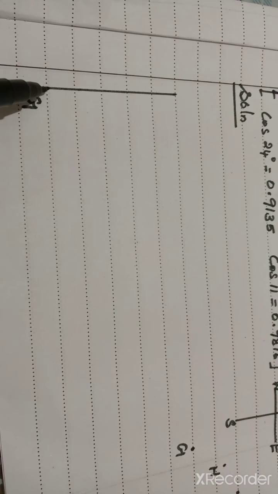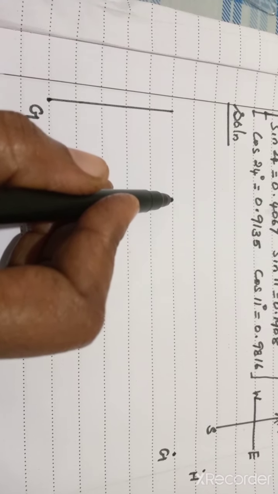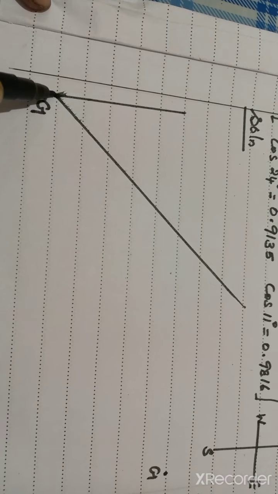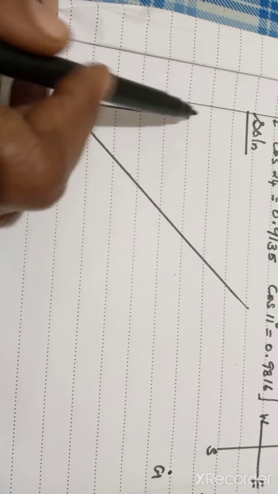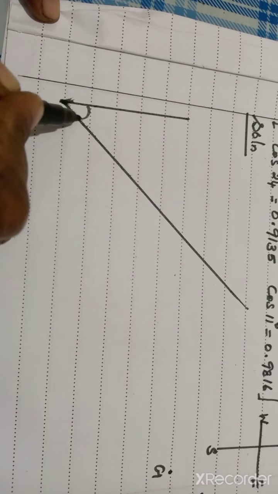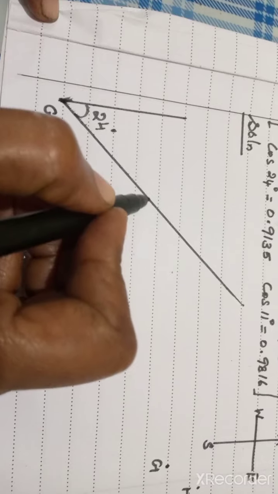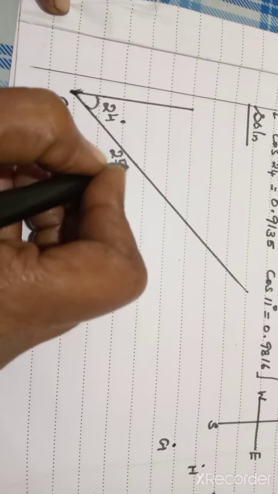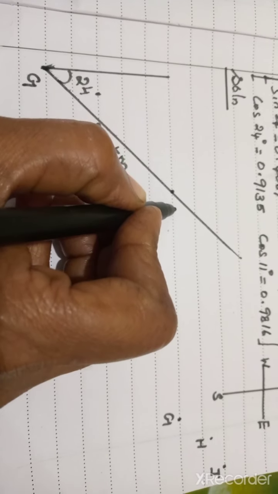It is turning 24 degrees and it reaches the point H. Starting from G, it should go straight, but it turns 24 degrees and travels 250 kilometers. After 250 kilometers it reaches the point H.